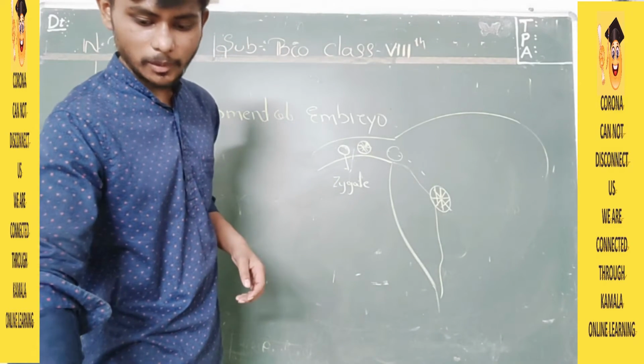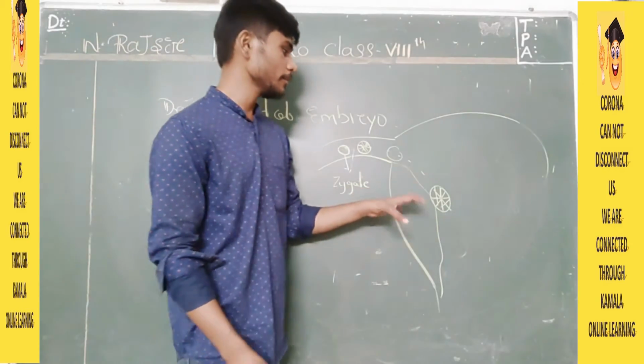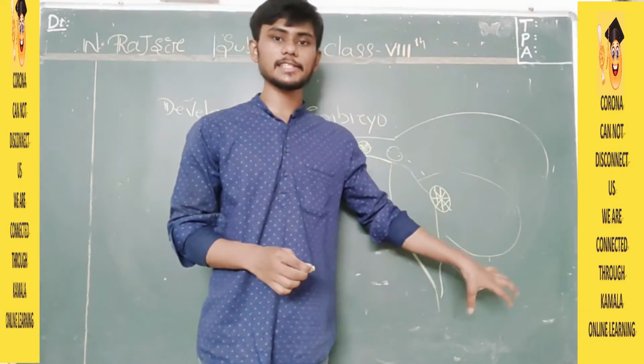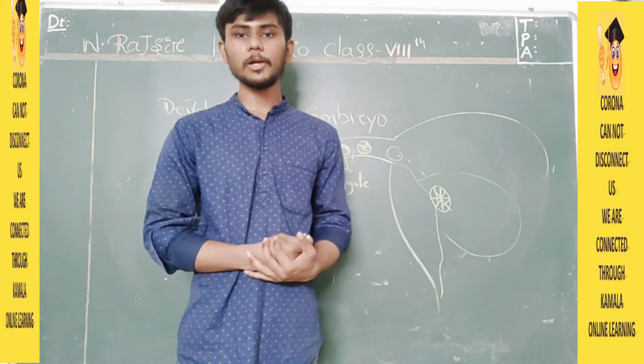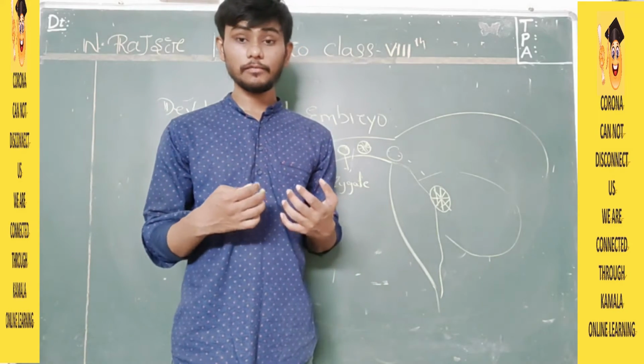Okay, when the embryo develops fully and all body parts are distinct, it is called a fetus. When the embryo develops fully and all body parts are seen distinctly, then that will be known as your fetus.